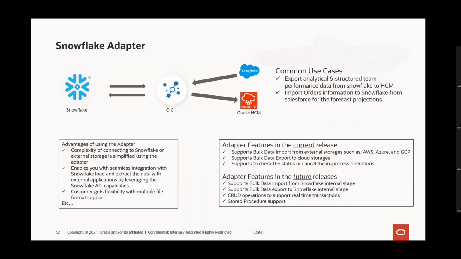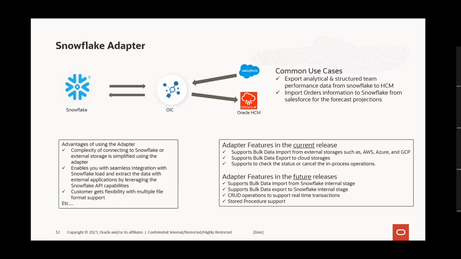But of course, the main focus will be bulk data import, export to Snowflake, because that's what Snowflake does very, very well. And of course, common use cases could be, take data from Google Cloud and push it to Snowflake, or take data from Azure or AWS or whatever.